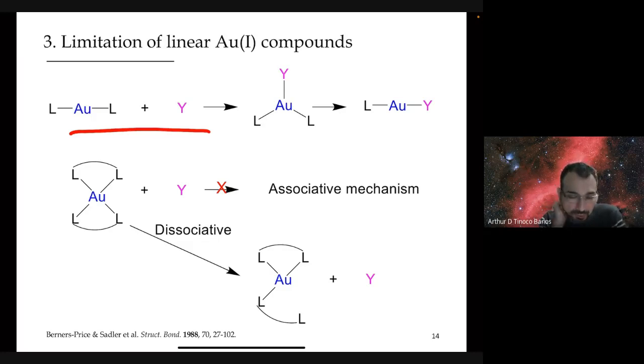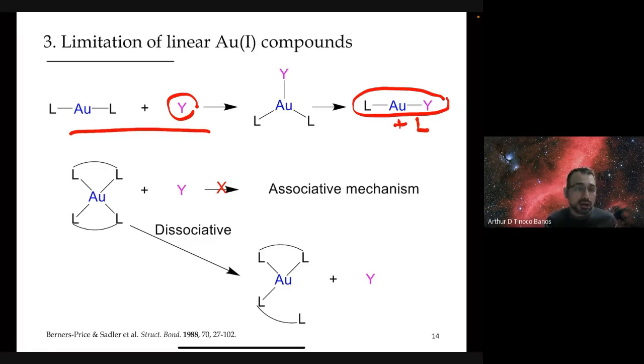Here's a representation of an associative mechanism, where an entering group leads to the dissociation of a ligand and transforms that compound. But perhaps the compound that is generated may actually affect the lability of the gold to be able to hit a certain target.